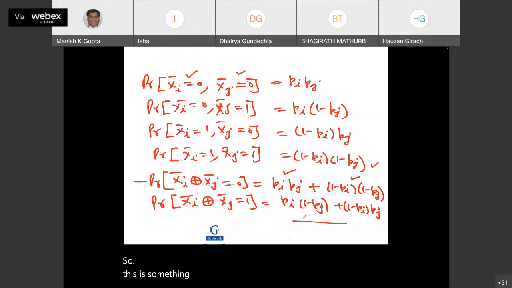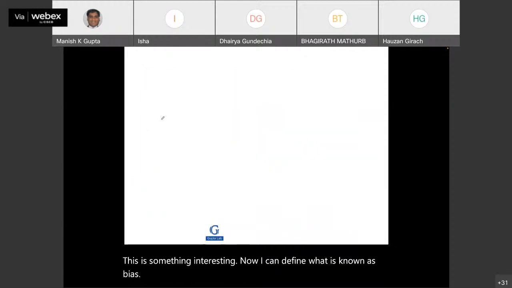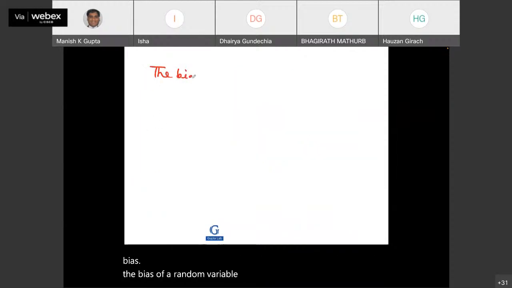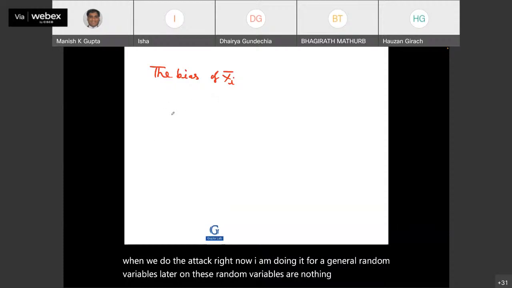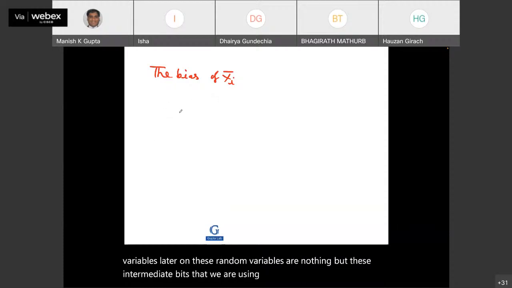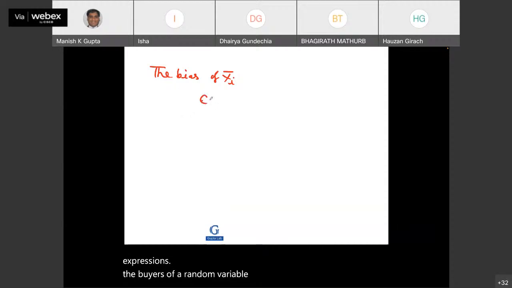Now I can define what is known as the bias of a random variable. These concepts are going to be useful when we do the attack. Right now I am doing it for general random variables; later on, these random variables are the intermediate bits that we are using in the expressions. The bias of a random variable xi is defined as epsilon i equal to pi minus half.